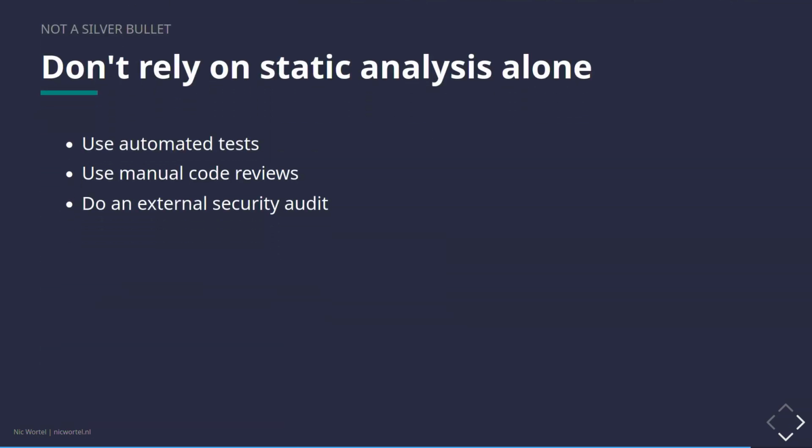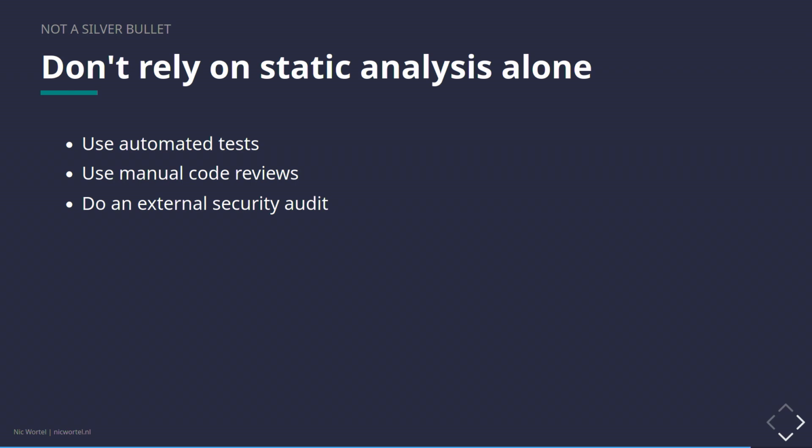I also want to point out that I've had good results with these tools, but as with anything, it's not a silver bullet. So don't rely only on static analysis and forget about everything else. Keep using automated tests for more specific things in our domain logic to make it secure, because static analysis will not be able to catch that.